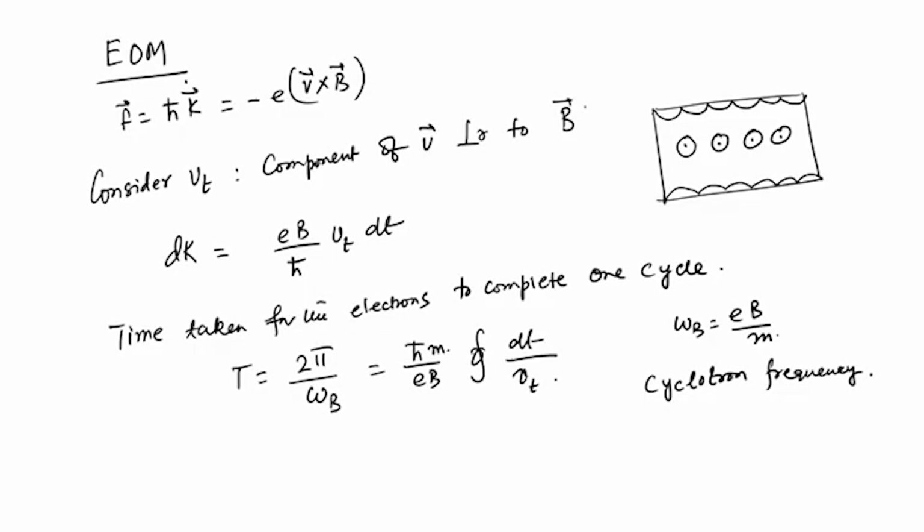And now, we know that your v_t and p are perpendicular to each other. And so, we know that a constant magnetic field cannot change the energy of the electron.